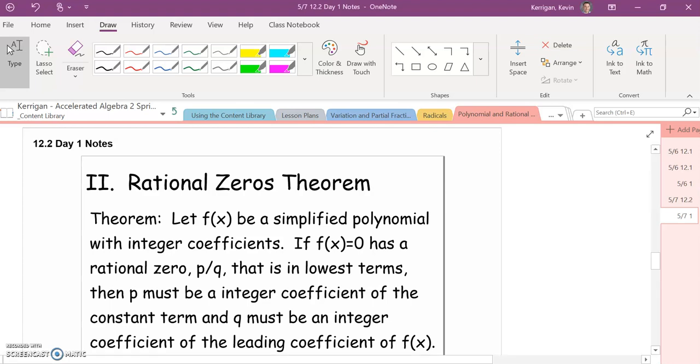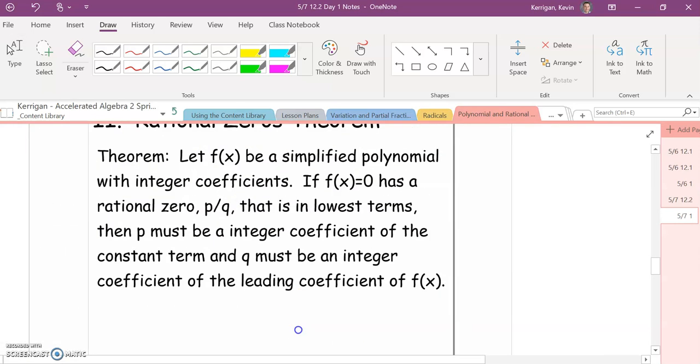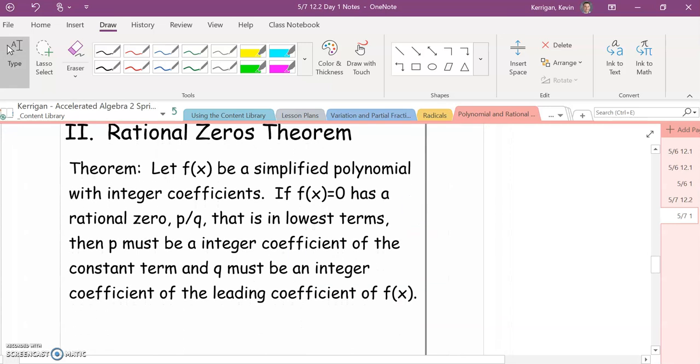But what the theorem states is this. Let f of x be a simplified polynomial with integer coefficients.